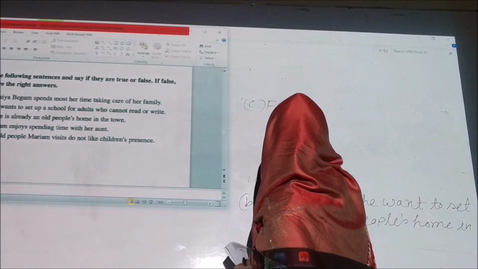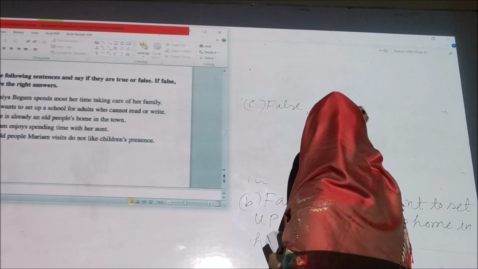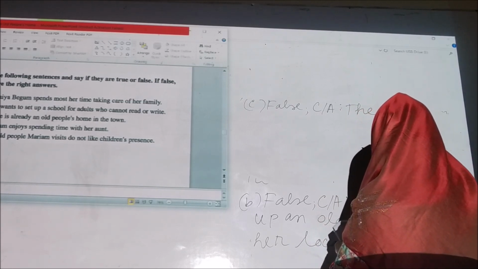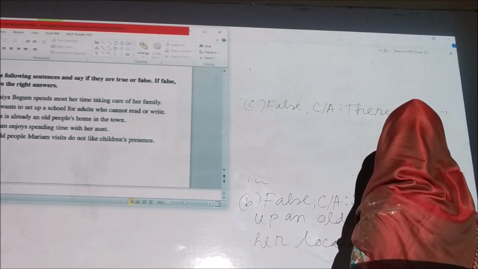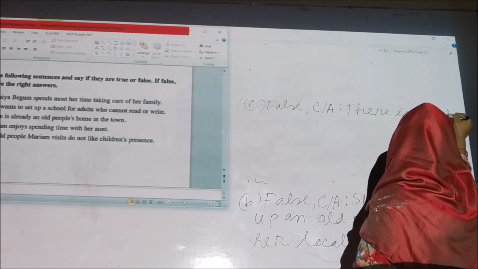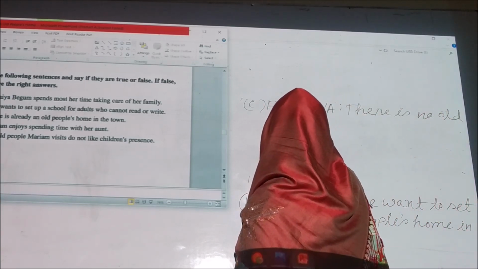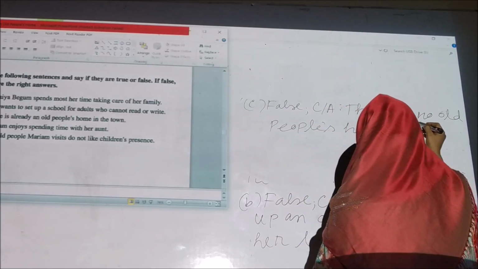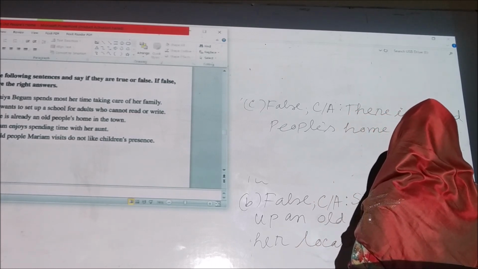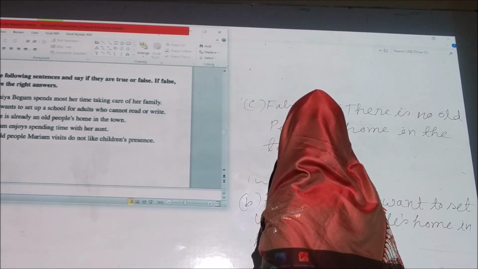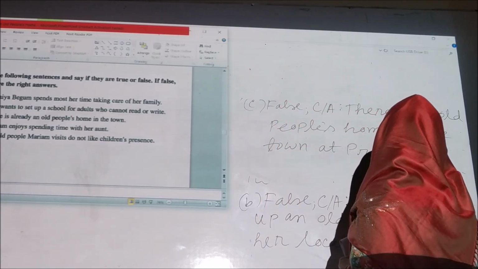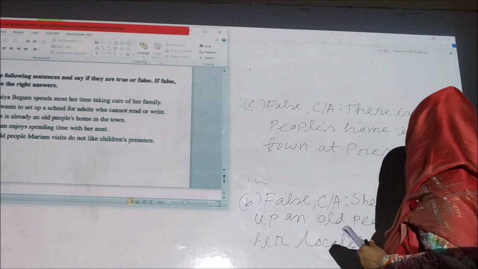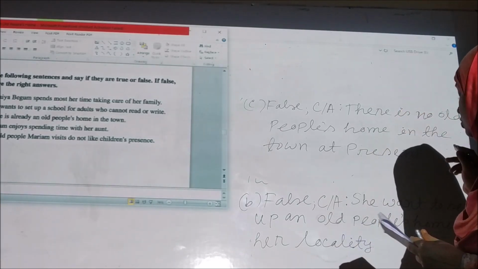Number C, false statement, and the correct answer will be there is no old people's home in the town at present. Okay. So, number C is also a false statement and the correct answer will be there is no old people's home in the town at present.